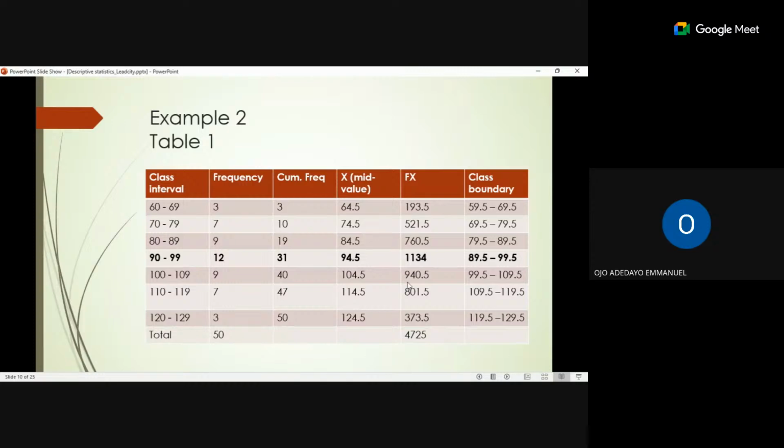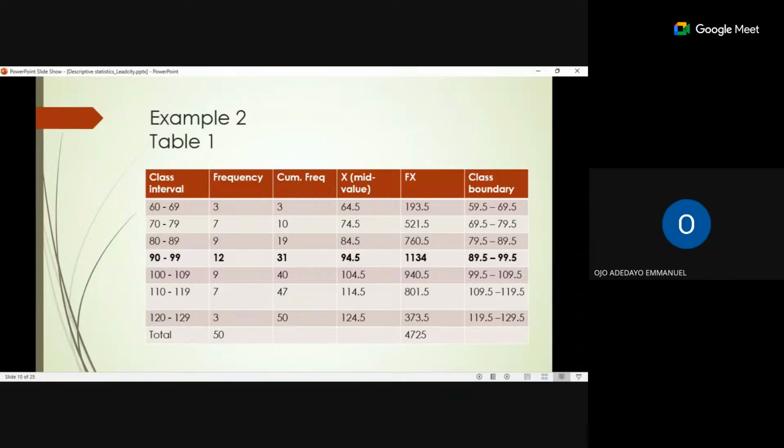So you've calculated the numerator for your mean, which is summation fx, 4,725. Now the denominator is summation f, which simply means add all the frequencies together. When you add them, we have 50. So the denominator, summation f, is equal to 50.